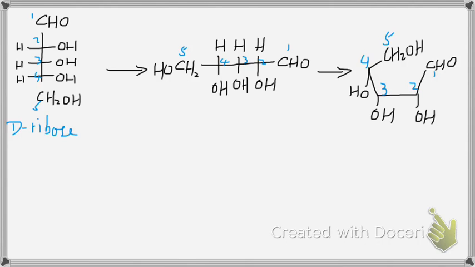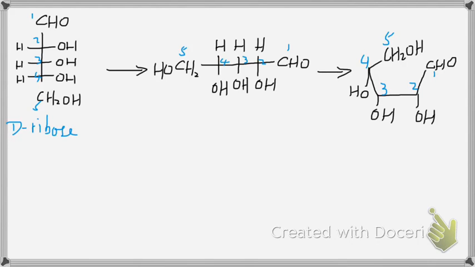So it's not close to carbon 1. So we need to rotate a bond to make the carbon 4 OH close to carbon 1. So what bond can we rotate here? The C3-C4 bond.